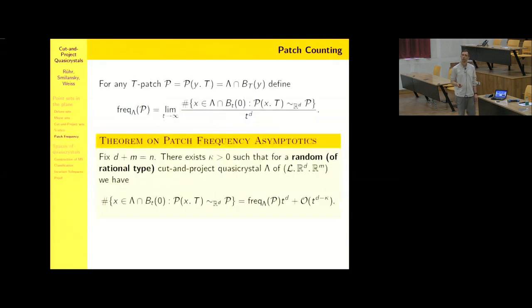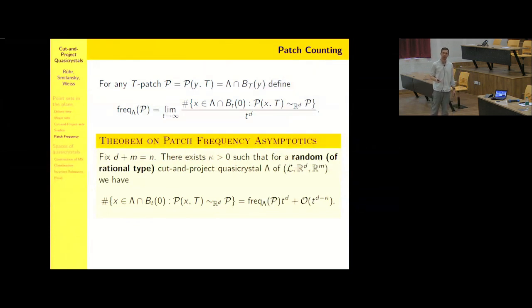And here's our first theorem. I will introduce to you in the second part of the talk what a random Cartan project set is, and we can prove that for some random Cartan project set. Currently we have to restrict to some rational type, and I'm also going to tell you what that means.